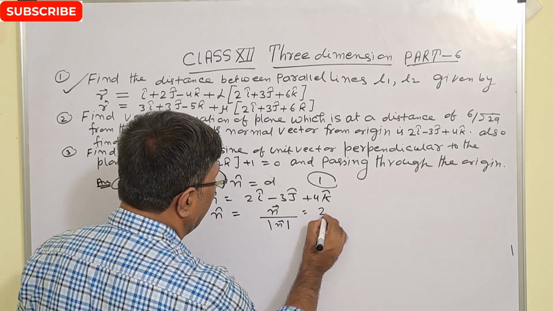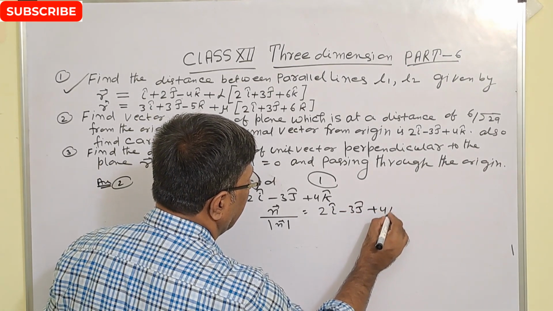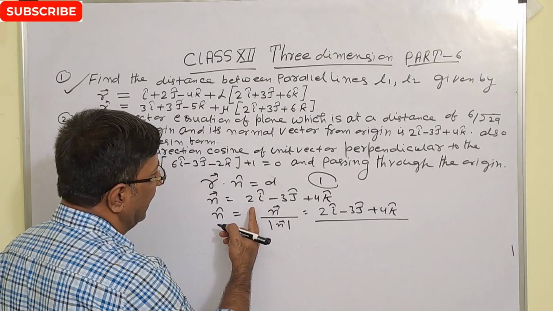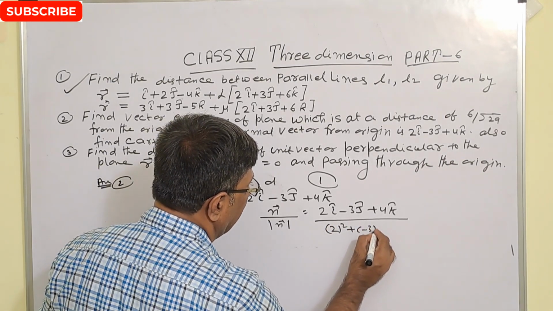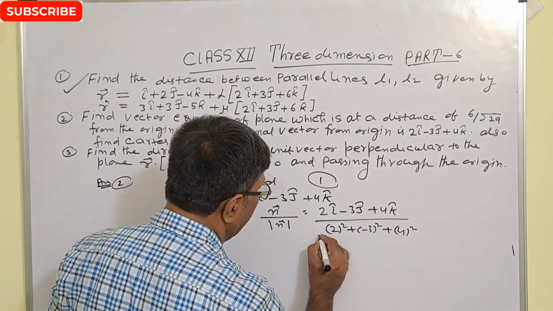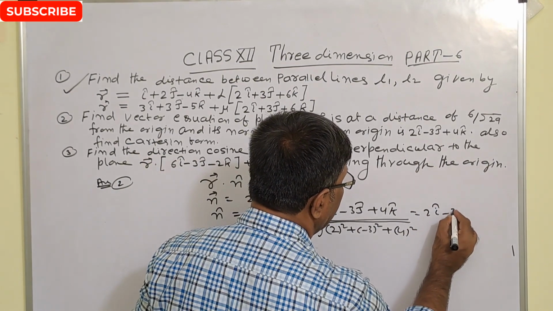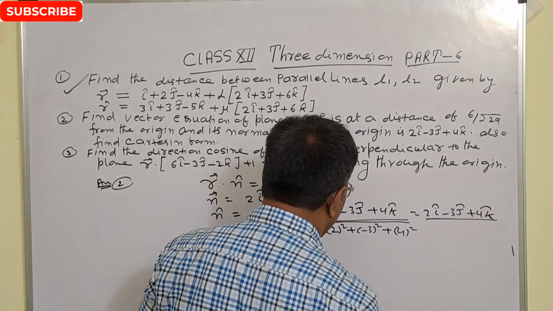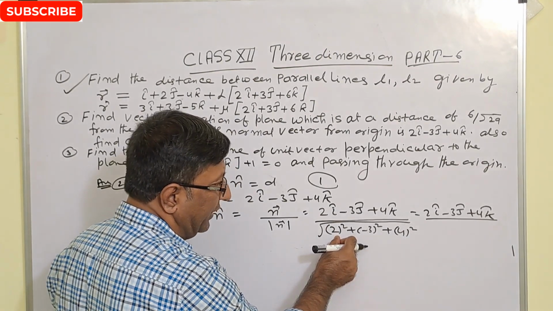So the n vector is 2i minus 3j plus 4k, divided by its magnitude. So what is this? This is 2 squared plus (minus 3) squared plus 4 squared. So we will get 2i minus 3j plus 4k divided by, 4 plus 9 plus 16, so 29.